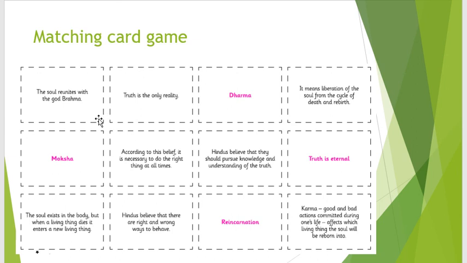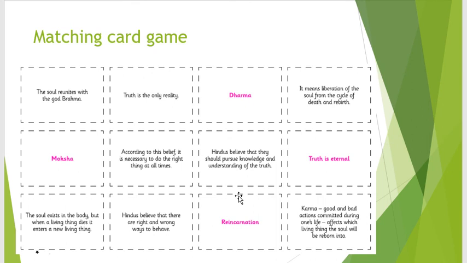Then you'd cut your cards out and play a matching game with somebody at home. When you finish playing, you could put your cards in your book, glue them in matched up correctly, or with a paper clip, however you choose, year 5 and 6. But I'd like to see those cards in your book, please, when you've finished with them.